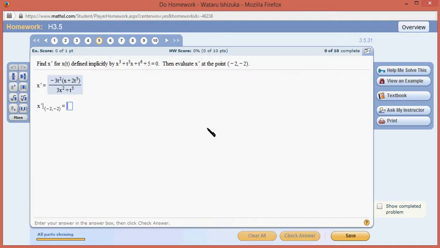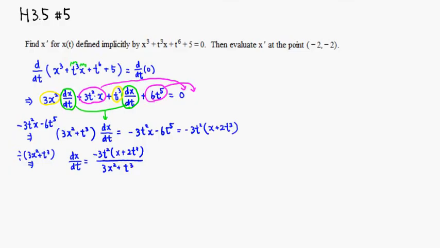Now we just want to evaluate this at (-2, -2), so we plug in x equals -2 and t equals -2.